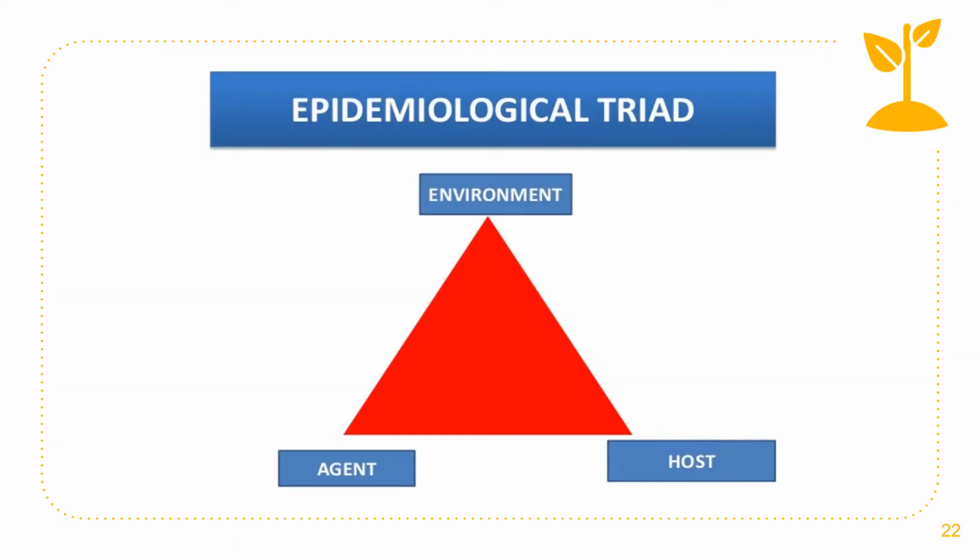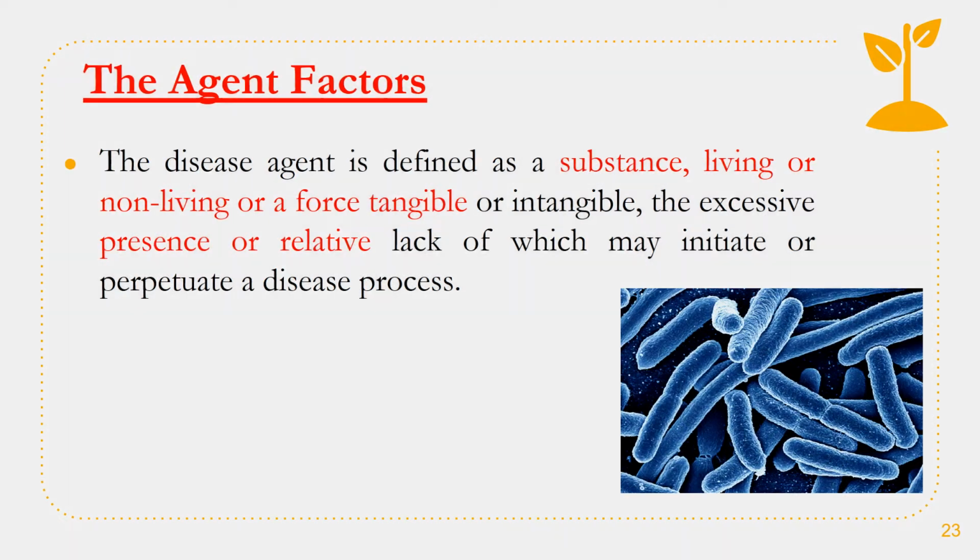Coming to the epidemiological triad, here we can see environment, then comes agent, then host. These three constitute an epidemiological triad. Coming to the agent factor, this is one of the things in the triad.